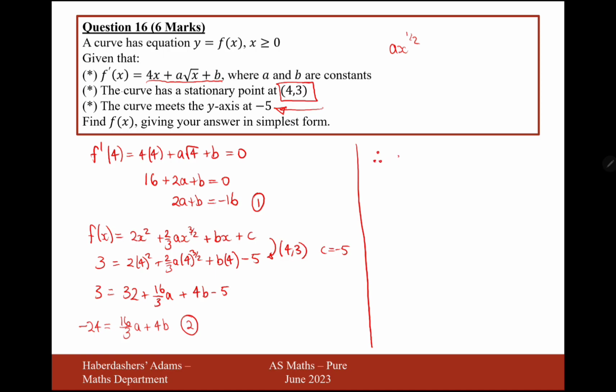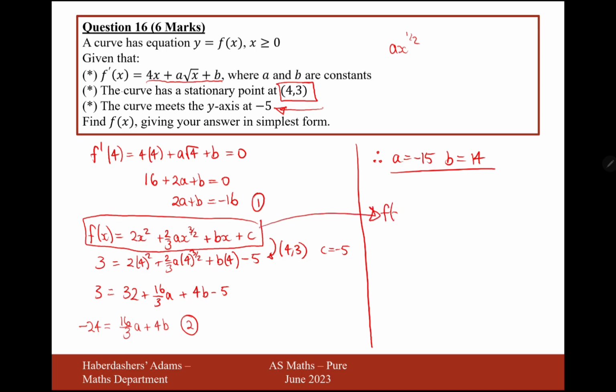So therefore, let's substitute that into the simultaneous equation mode in our calculator. And therefore, the simultaneous equations come out to be a is -15 and b is 14. Excellent. So now let's write out our f of x function with the values a, b, and c in them.